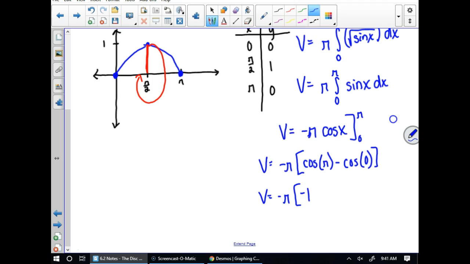Cosine of pi is negative 1, and what is cosine of 0? 1. So you're going to get negative pi times negative 2, which gives you 2 pi. This particular problem did not have units, but it would be units cubed because it is volume.